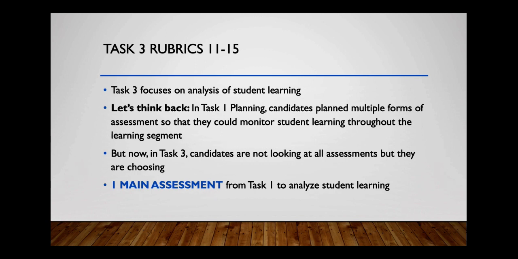Let's think back. In Task 1, planning, candidates planned multiple forms of assessment so that they could monitor student learning throughout the learning segment. In the learning segment, students may have had several informal assessments, some pre-assessments at the beginning of the lesson, some exit slips, some quizzes, student work, and probably a main assessment that came towards the end of the learning segment.